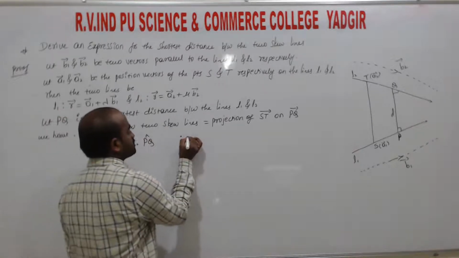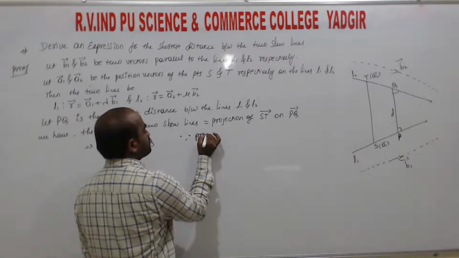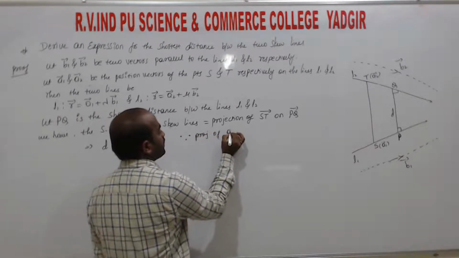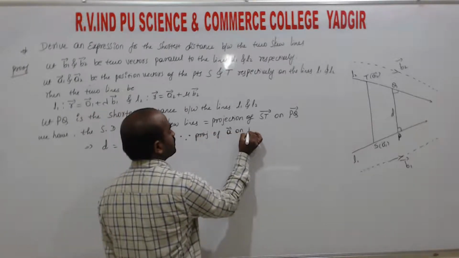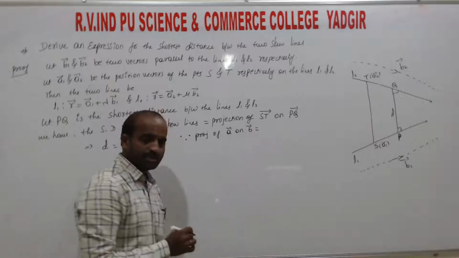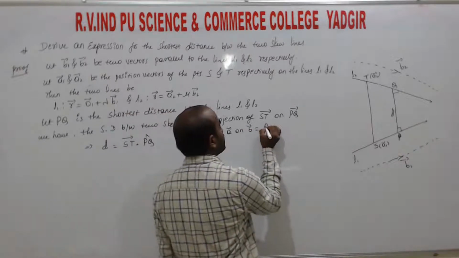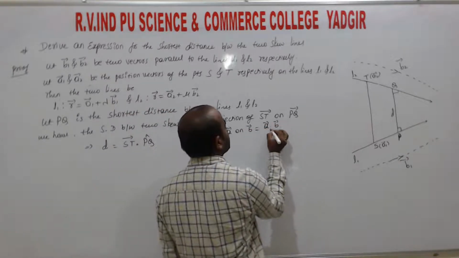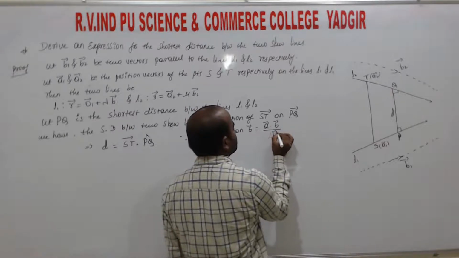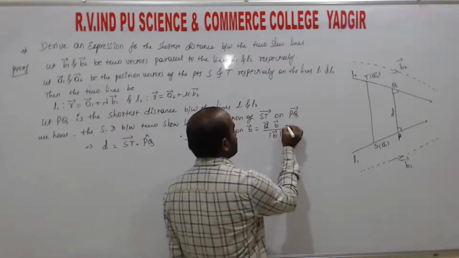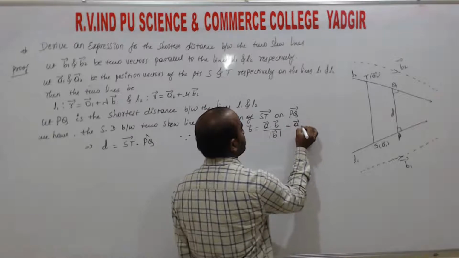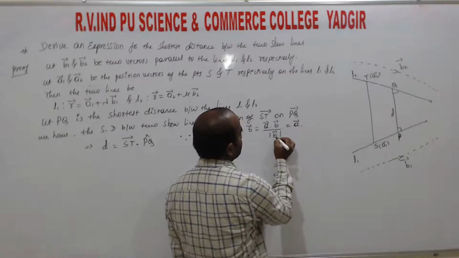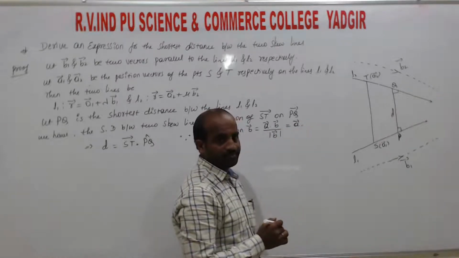You know this: the projection of A vector on B vector is equal to A vector dot B vector divided by the magnitude of B. A dot B divided by the magnitude of B means B cap.